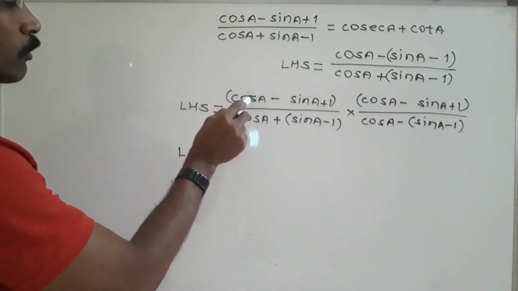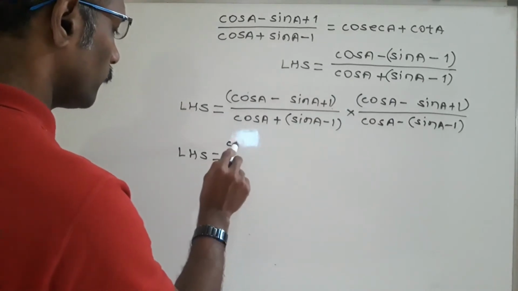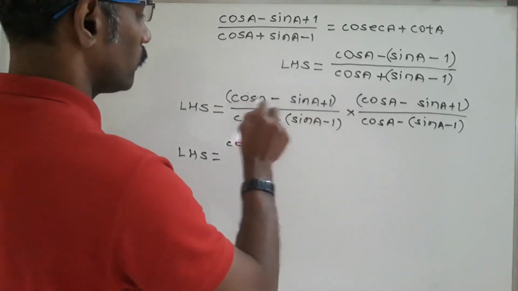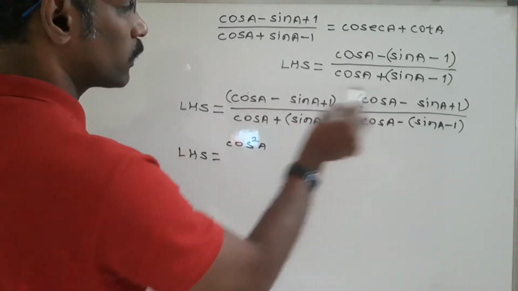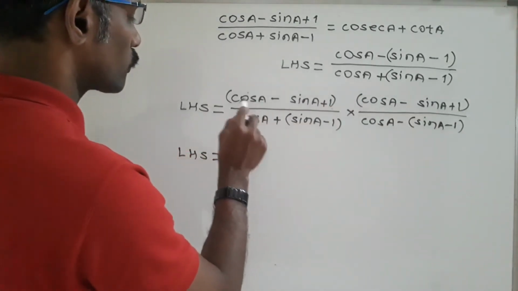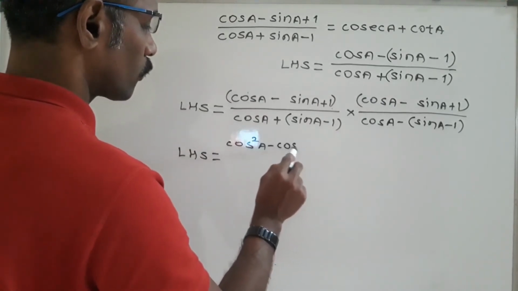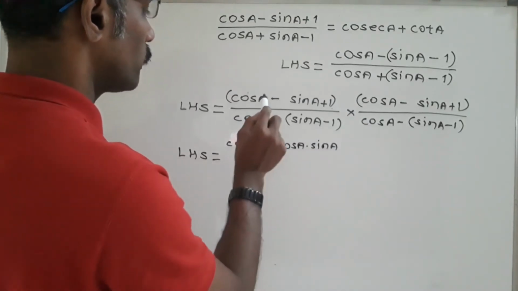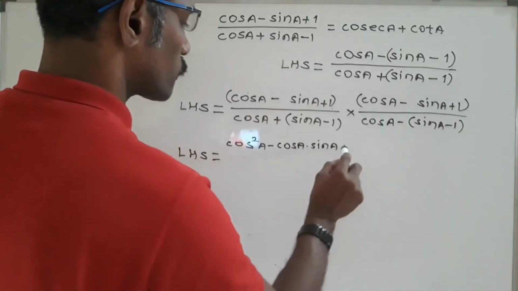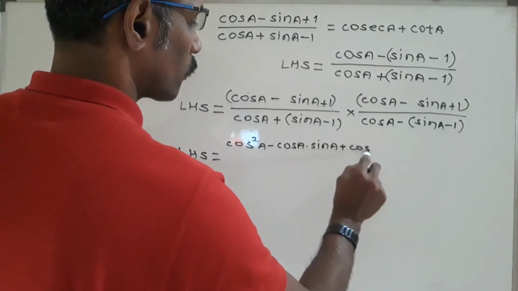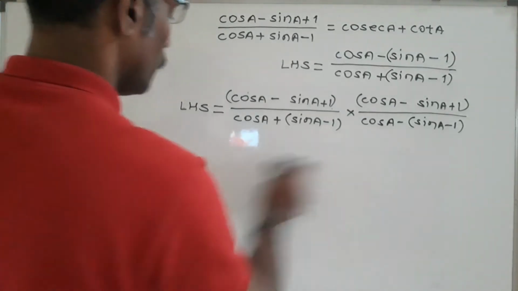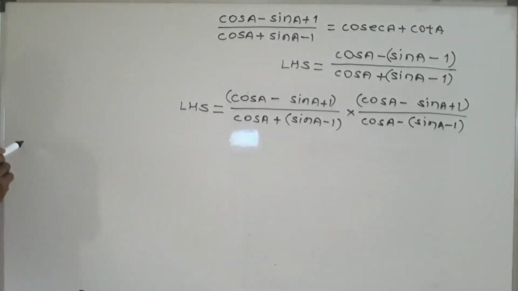Therefore we multiply cos A into cos A, cos square A. Then we multiply minus sin A by cos A, that means minus cos A sin A. Then we multiply 1 by cos A, therefore plus cos A. This step is very big, so I will write it from here.